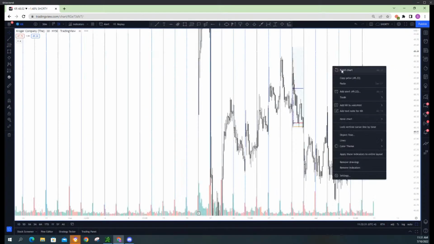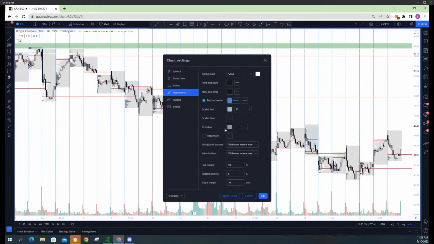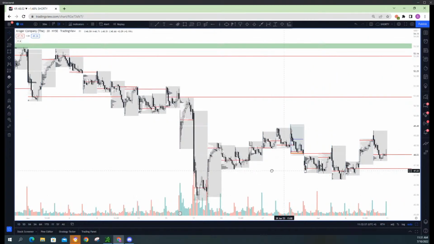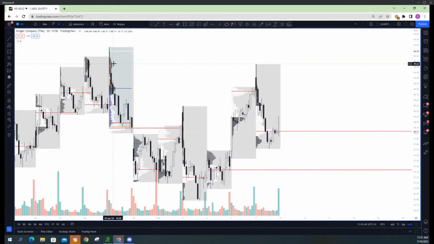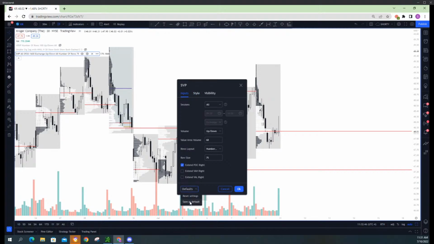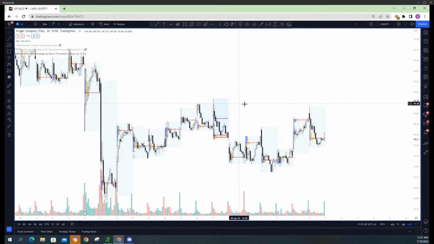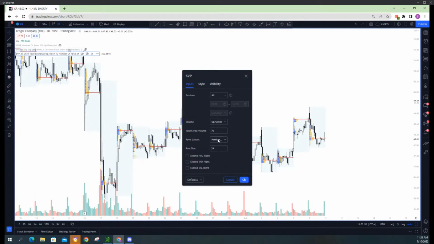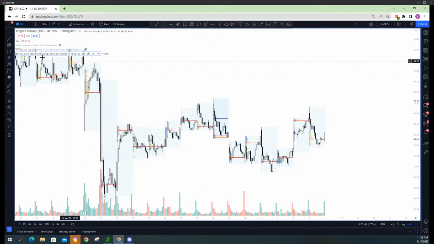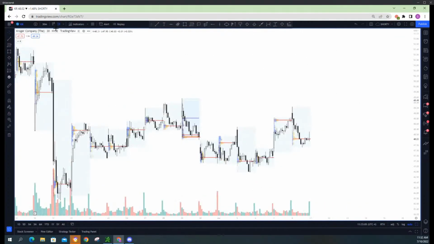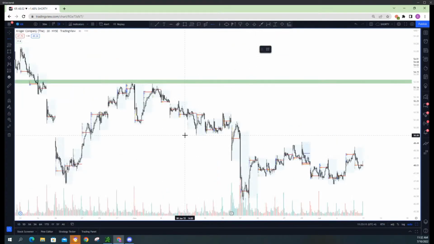I don't trade Kroger much. So for instance, if I was to trade Kroger, I would just zoom out and see where the key levels of supply look to be clustered.